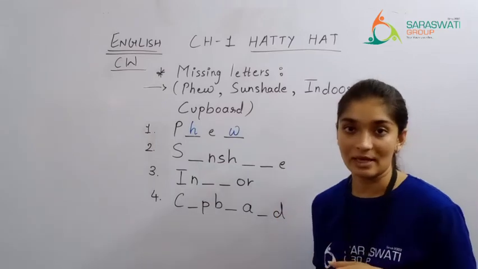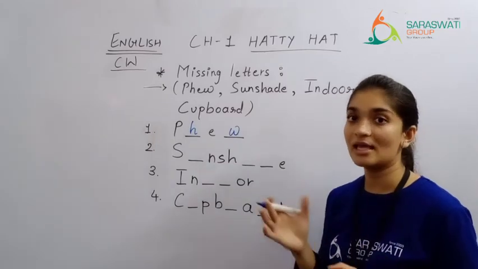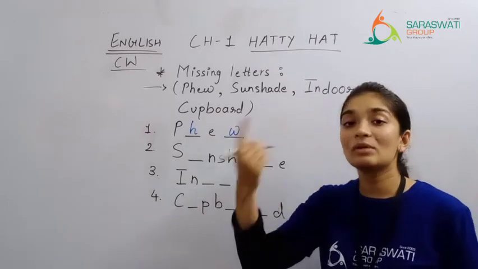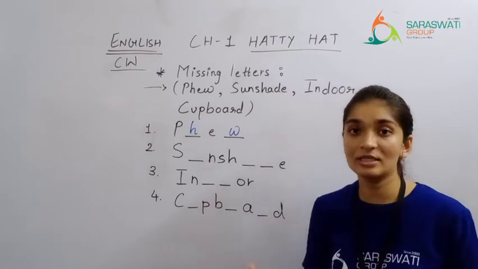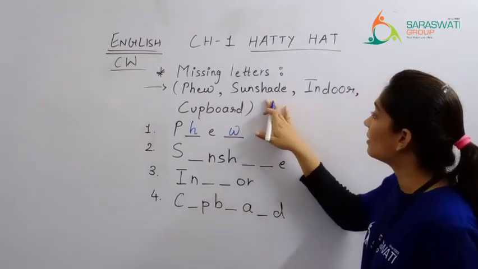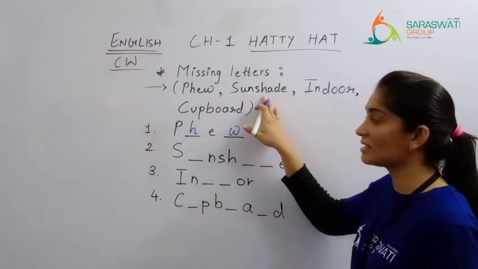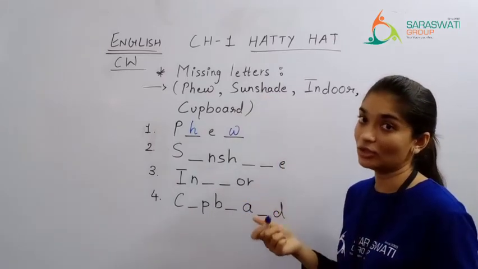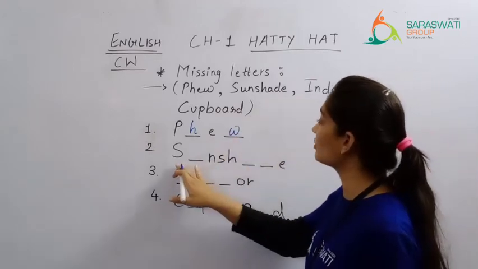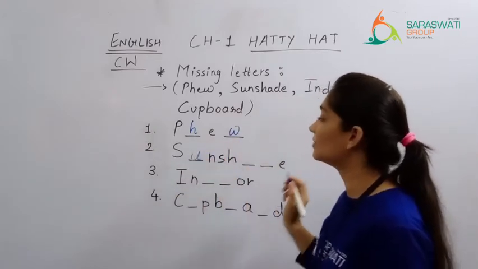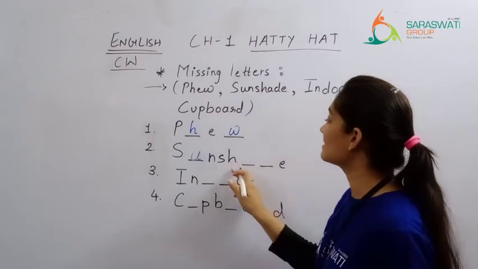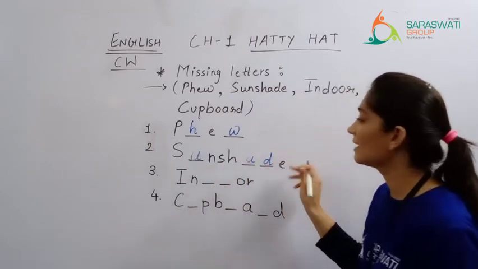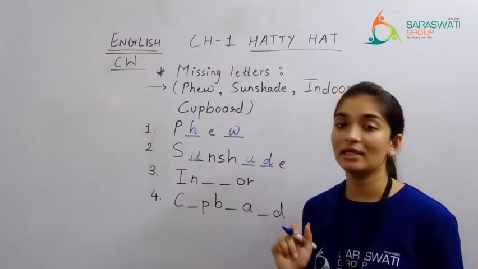You are supposed to look at which word starts with S. Now here there is no other word with S, so it is obvious that this is the word, because no other word starts with S. So after S we'll be writing U, then S, N, S, H, A, D and E. So the word is sunshade.